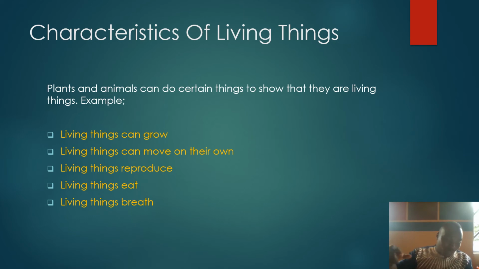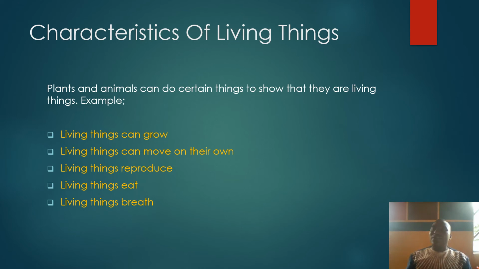Some plants also produce their young ones from their stem. A typical example is cassava plant, sugarcane plant, and ginger plant. That is how they produce their young ones.